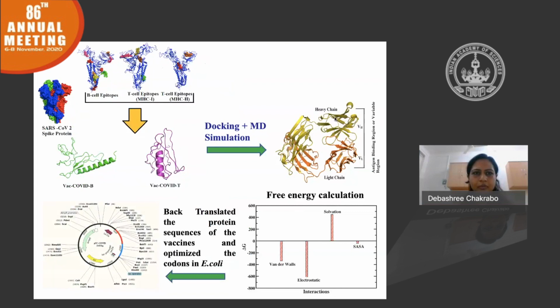Then we back translated the protein sequence of the vaccine and optimized the codons in E. coli, to see whether what we have designed can actually be synthesized, and whether the B cell and T cell epitopes can be expressed properly. So this is my recent work.